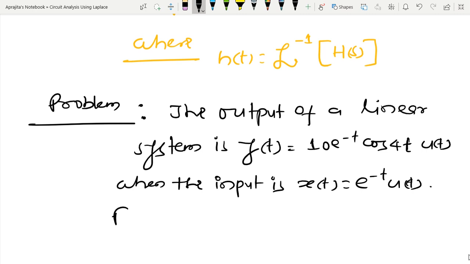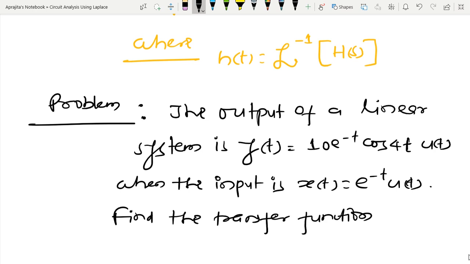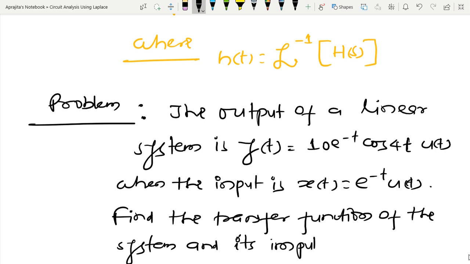Now our goal is to find the transfer function of the system and its impulse response. So that is our objective.